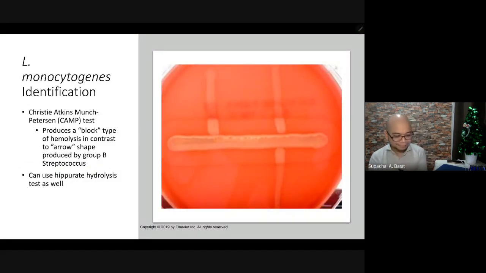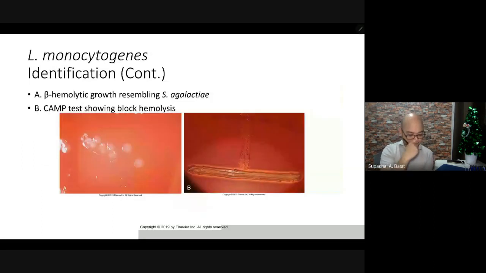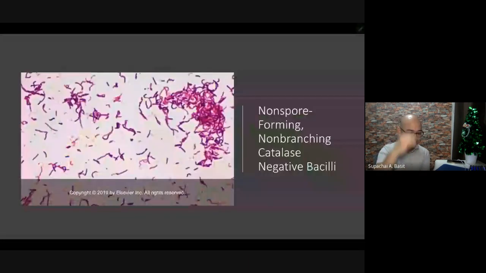And then the CAMP test, which I've already explained to you, produces a block type of hemolysis, in contrast with Streptococcus agalactiae, which is the arrow shape. This one is the block type of hemolysis. Okay, so I think I've shown this already.